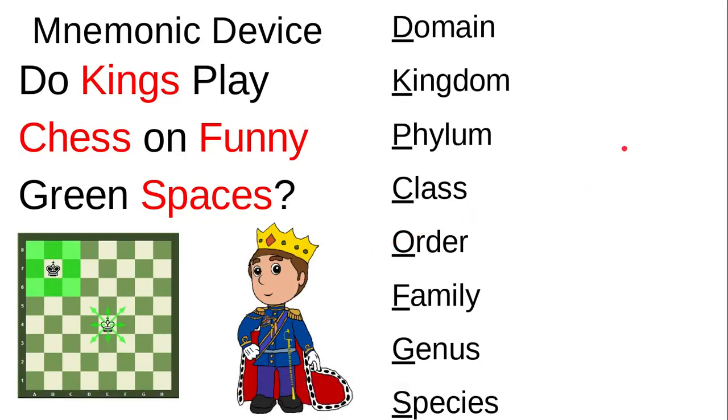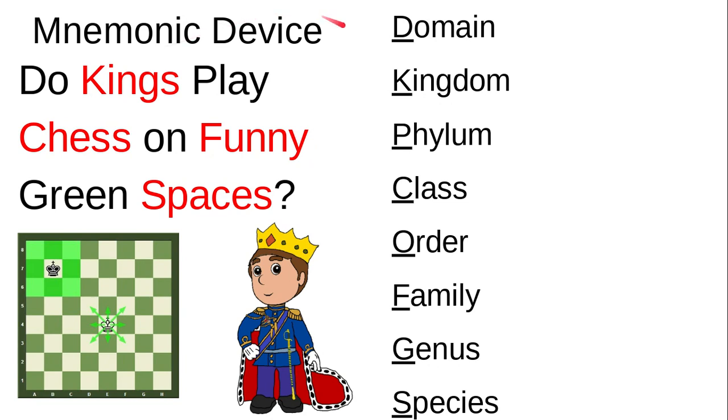Now, you're going to need to remember all of these, and you're going to need to remember them in order. So I'm going to give you a mnemonic device, kind of like King Henry when we were talking about metric conversions. Starting at domain, the biggest one, we're going to use the little saying that says, Do Kings Play Chess On Funny Green Spaces?